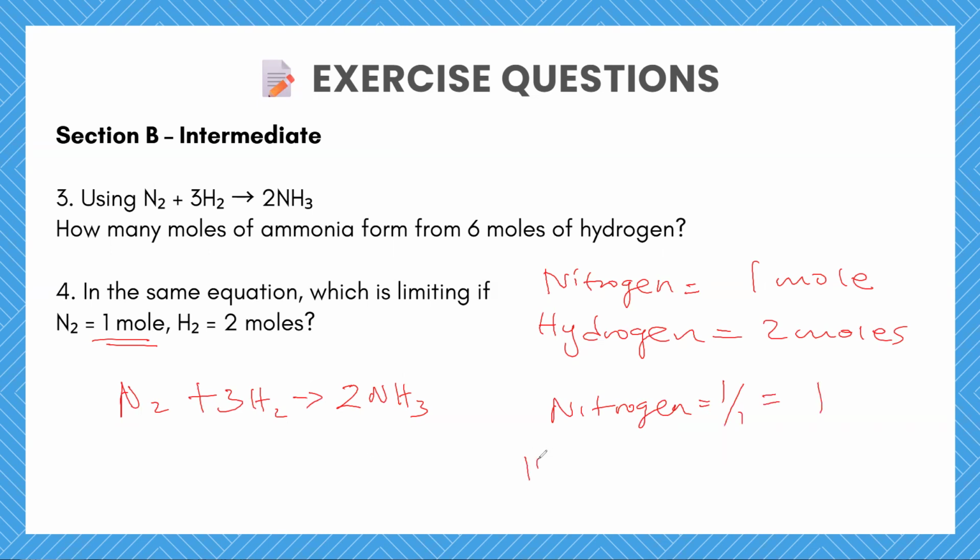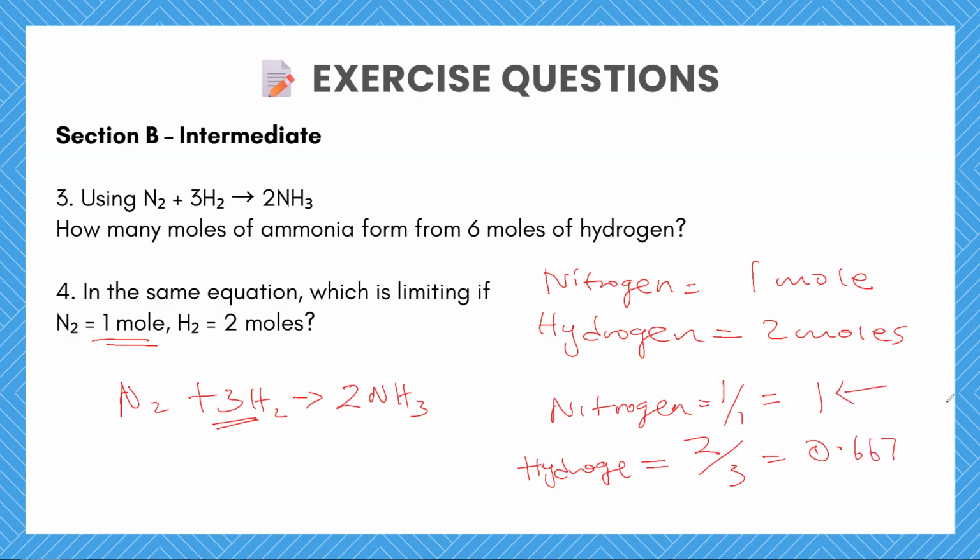For hydrogen, it becomes the number of moles, which is 2, divided by the coefficient. You can see the coefficient over here, which is 3. 2 divided by 3, that's 0.667.